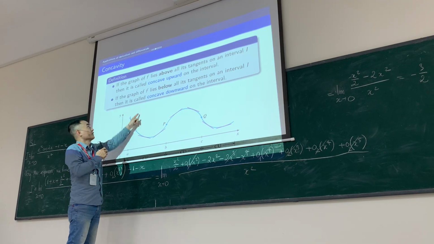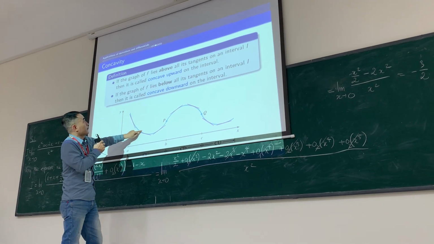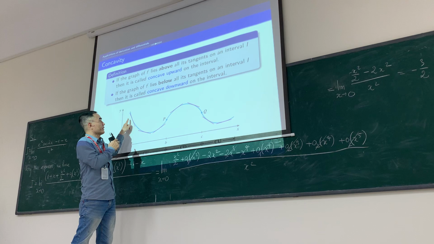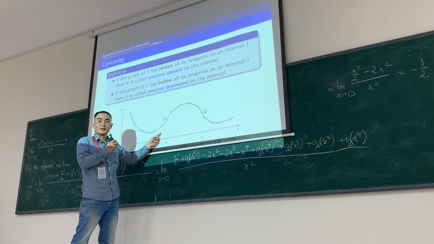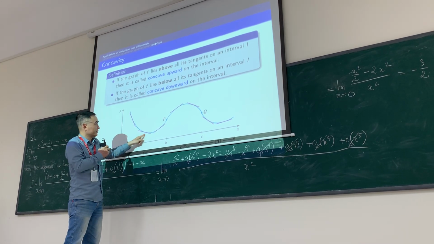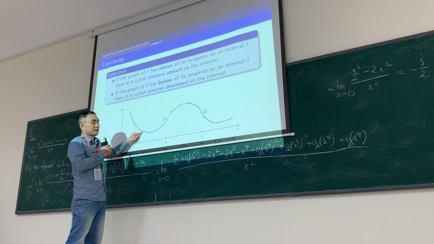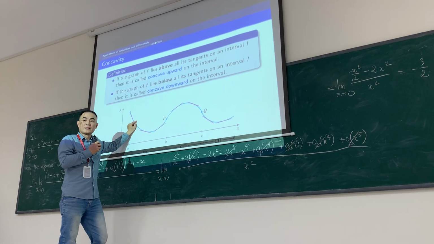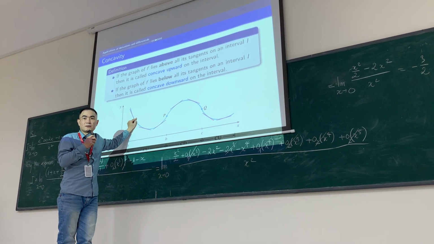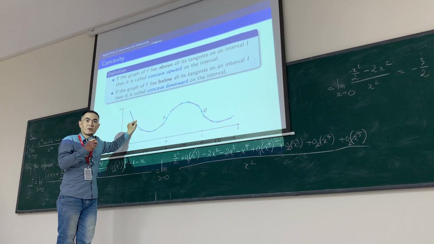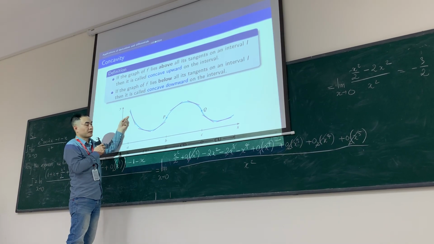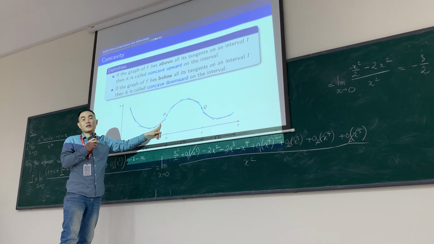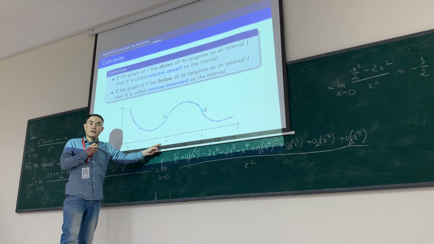You can see the graph of the function is above all the tangents. It means the function curves upwards on interval AB.